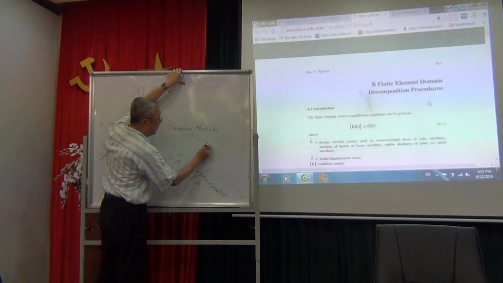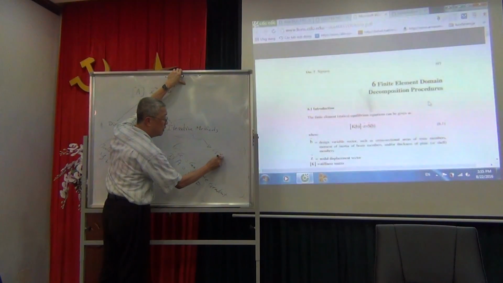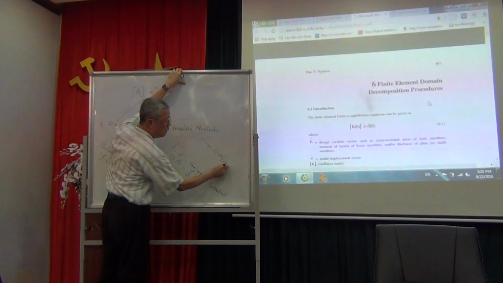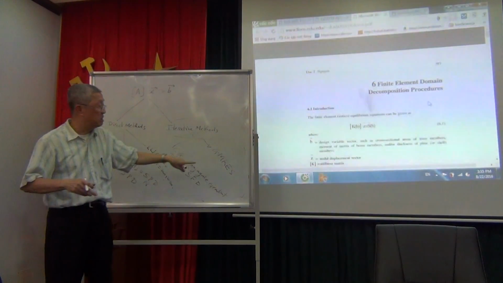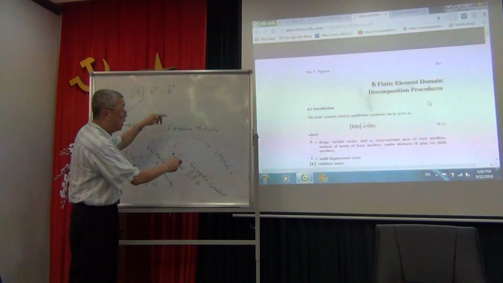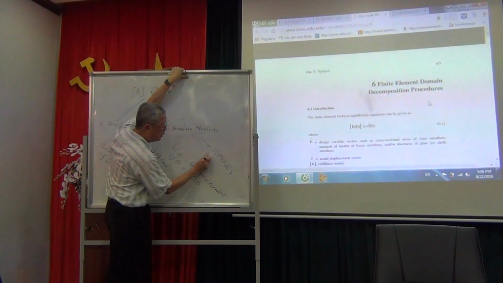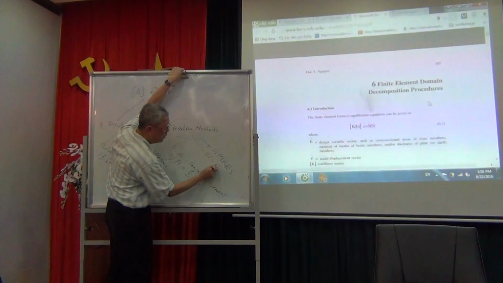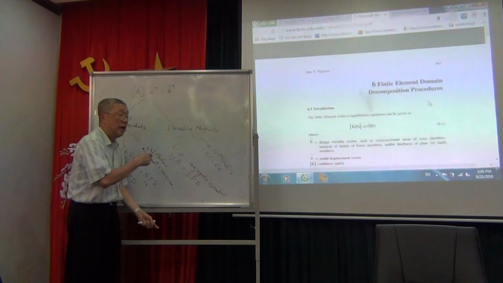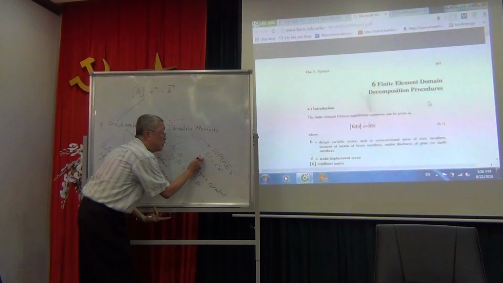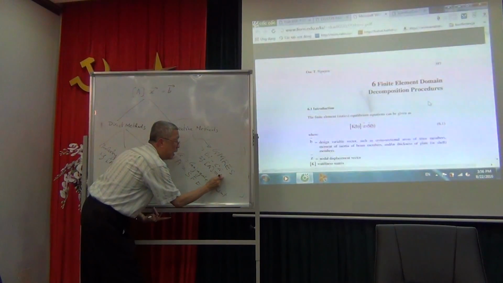Or there's some other method like GMRES. If you do a Google search, just say GMRES. Okay? Or there's another one they call biconjugate gradient. These methods will be applied if the matrix A is unsymmetric.